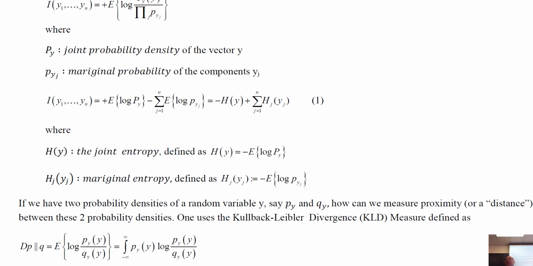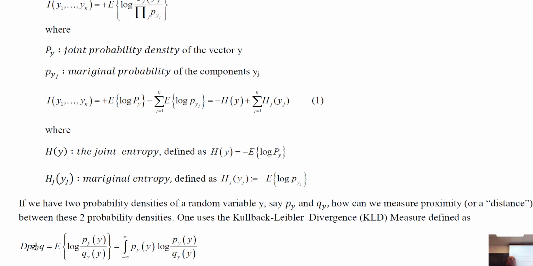We make a fuss about the fact that it's a measure, not a distance, because if we flip the P and Q, and I put Q on top and P down, then of course I will have to change this density also to be the Q. And it turns out in that case that this measure will be different from what we had before. Meaning that this operator, this Kullback-Leibler divergence, is not symmetric.